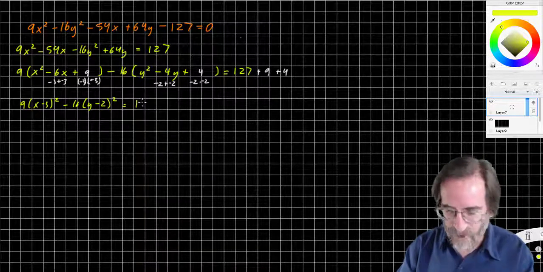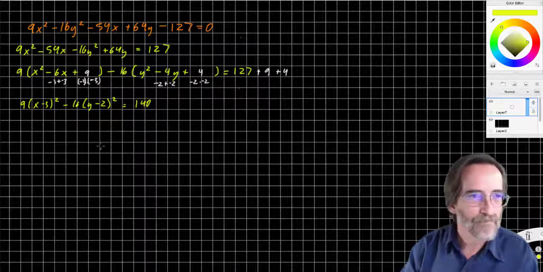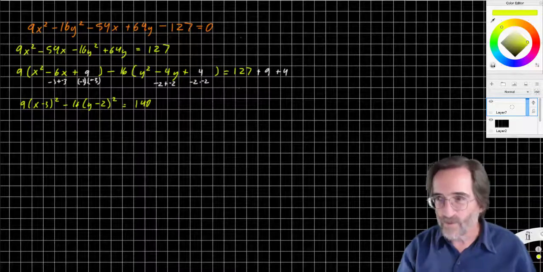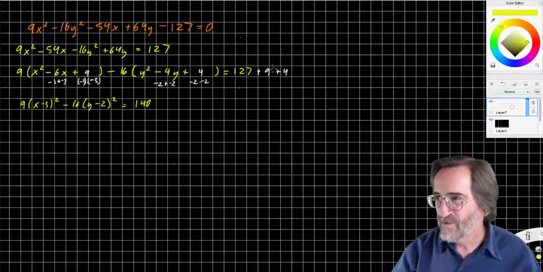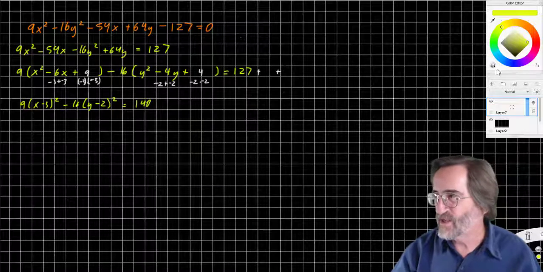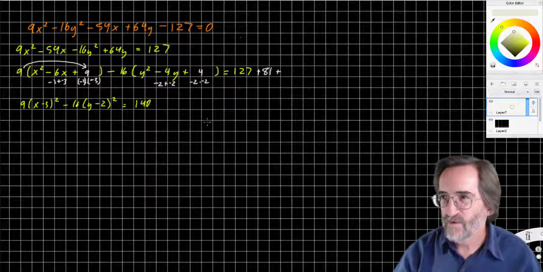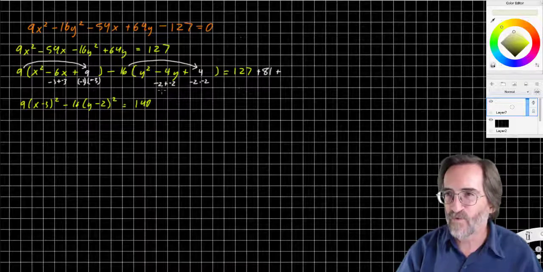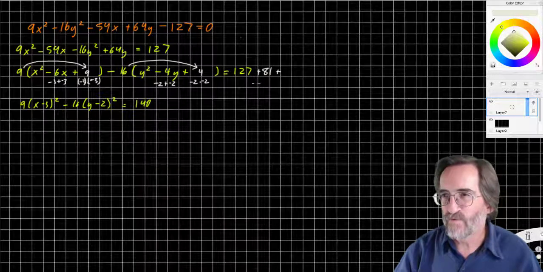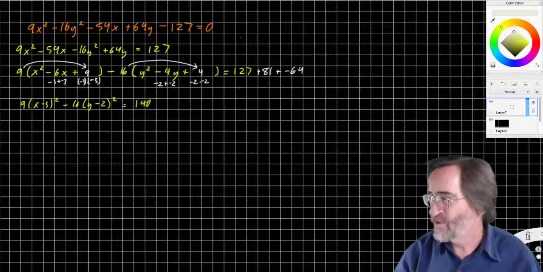And I think I've got a mistake here somewhere. Let me check. Of course, I found the problem. We can't just willy-nilly go adding 9 and 4 to both sides. What we add to both sides is actually determined by what we're multiplying by. I added 9 here, but I actually added 9 times 9, 81, when I put that 9 there. When I added 4 here, I actually added negative 16 times 4, which is negative 64, to that side.